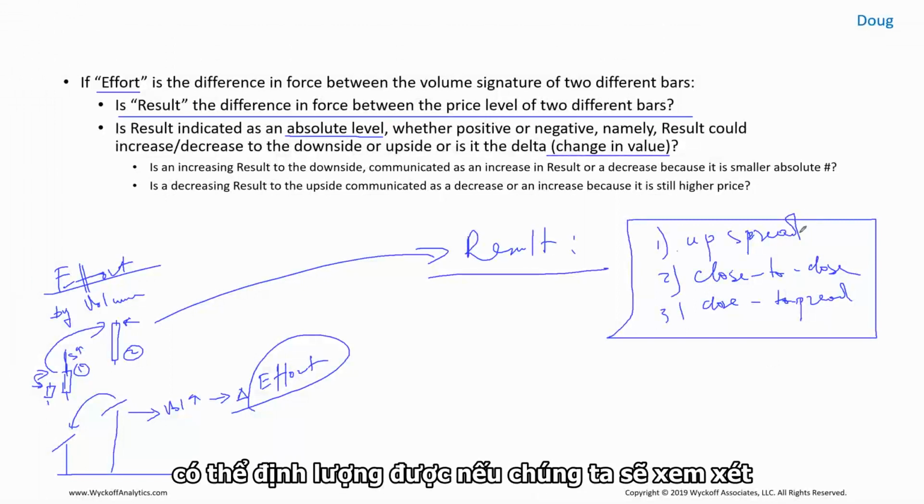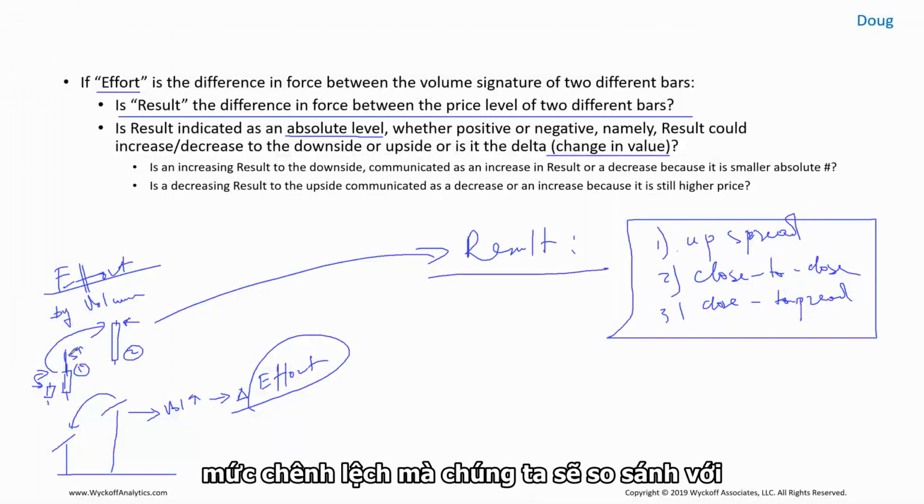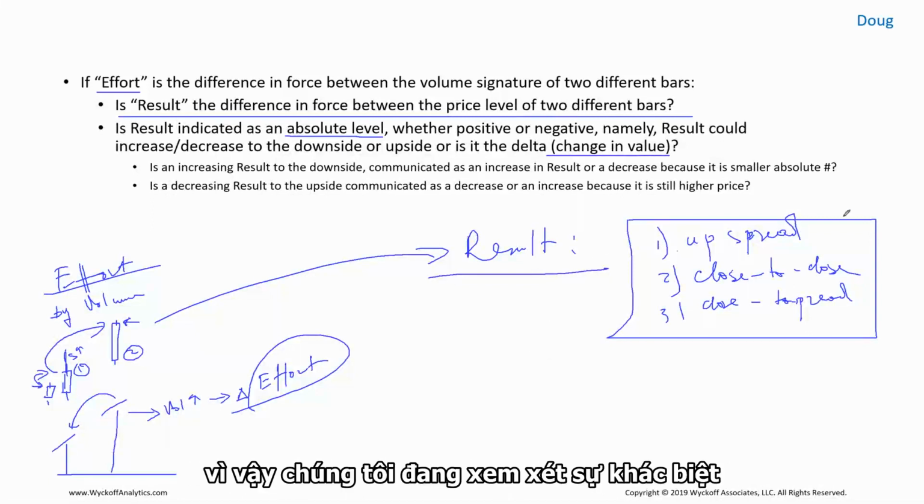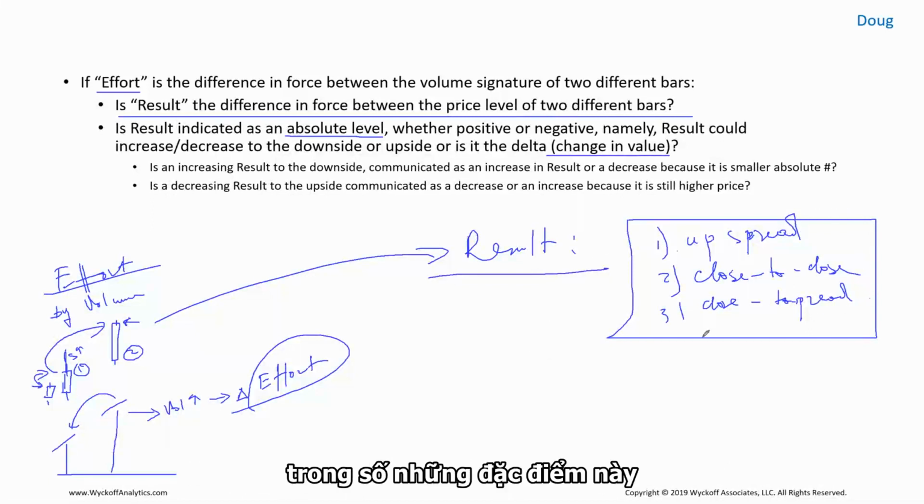If we're going to look at the spread, we're going to compare it to the previous spread, and we will define the spread as the difference between the high and the low. There is a variation on the spread with the true range. We've covered that before. Close to close, quantifiable. Close to the spread, quantifiable. So we are looking at the differences among these characteristics.